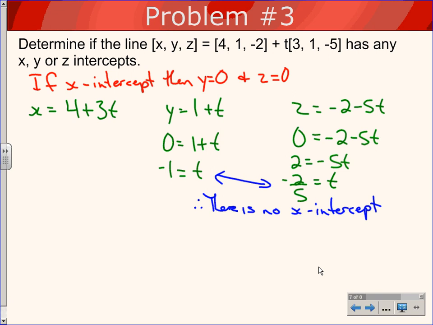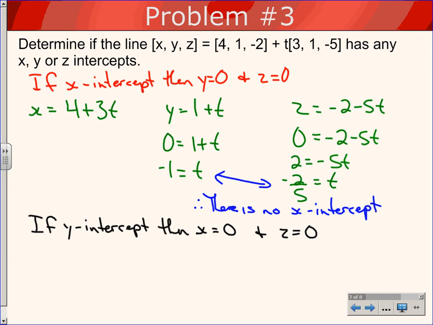If there's a y-intercept, I need a new color, there we go. If there was a y-intercept, then I would need x to be 0 and z to be 0. So same idea, right? Now I'm checking x and z instead of that first part where I checked y and z. Well, I've already done the z part.